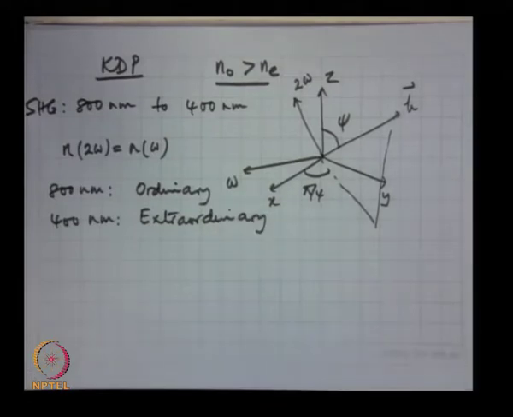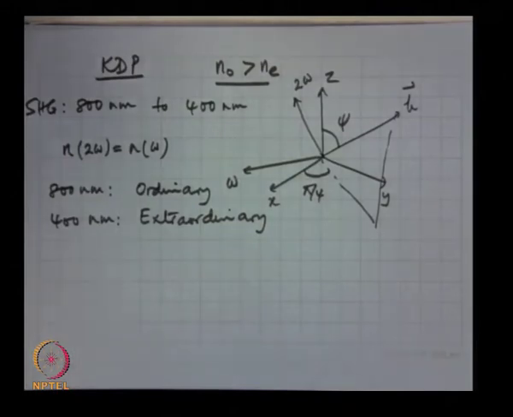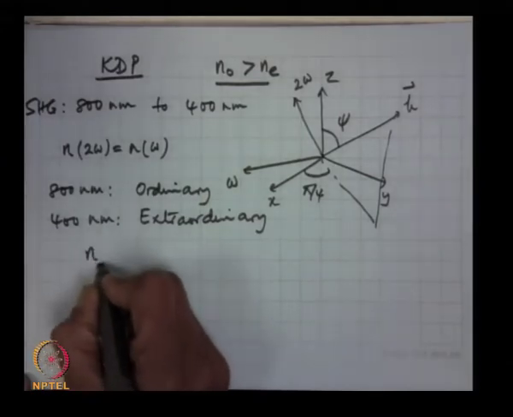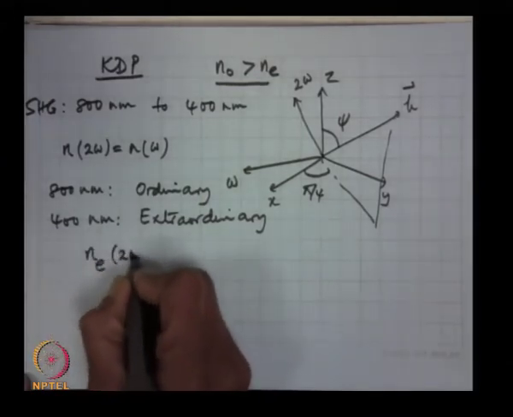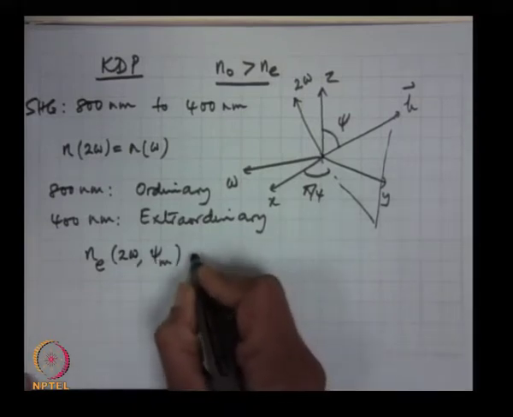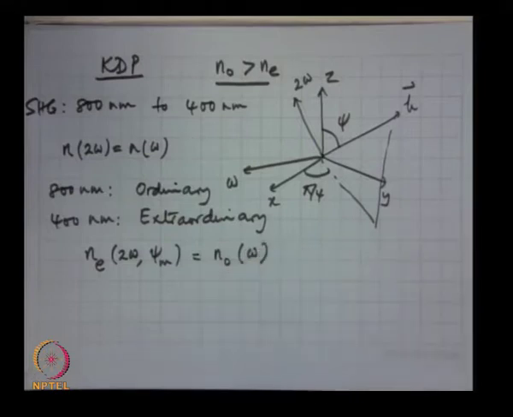By choosing the polarization states and the direction of propagation psi making a particular angle, what I will have is the extraordinary index at 2 omega of the wave propagating along a direction psi m must be equal to the ordinary refractive index at frequency omega, which is independent of the direction of propagation.